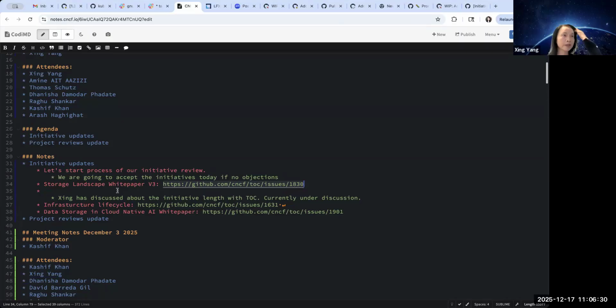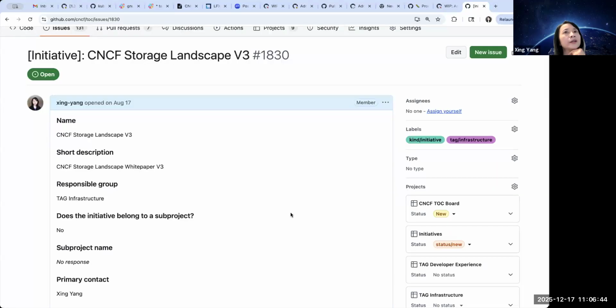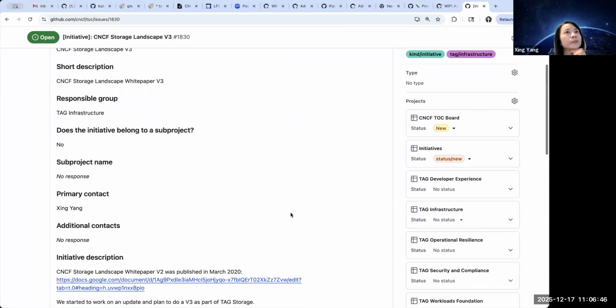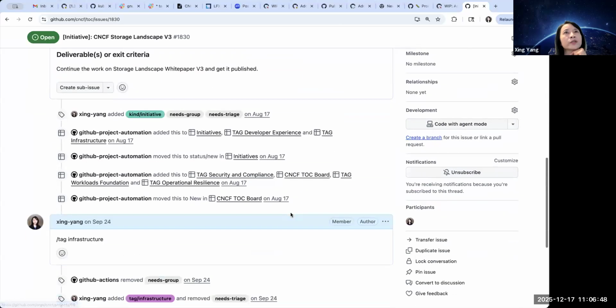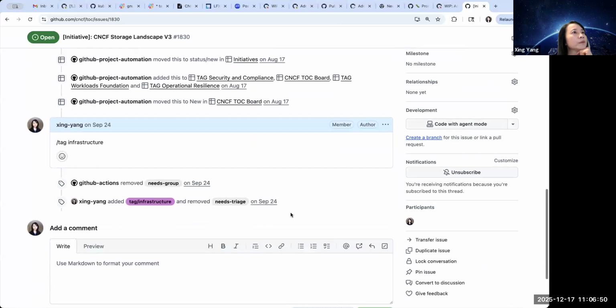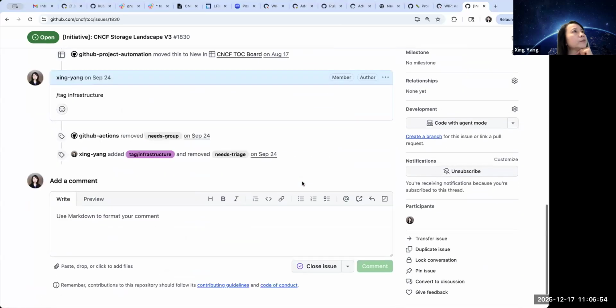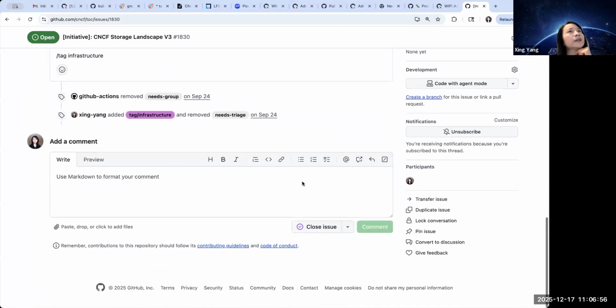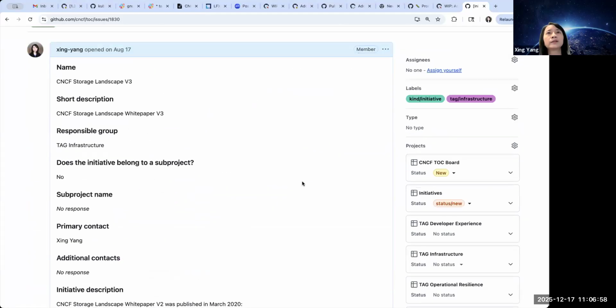Because the TOC said the white paper should not be longer than 5 pages, which this is already, but because this is an existing project, I'm waiting to get some guidance from them. Either way, if there are no objections, I will just go ahead and move this to accepted. I don't think there's any comment.